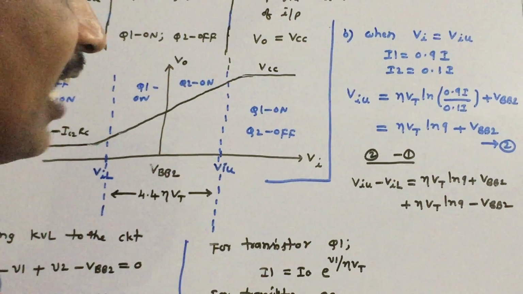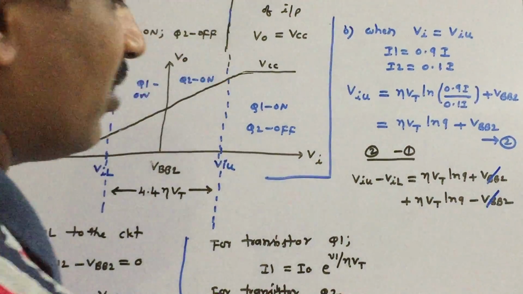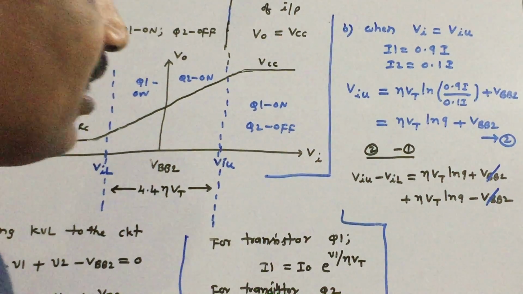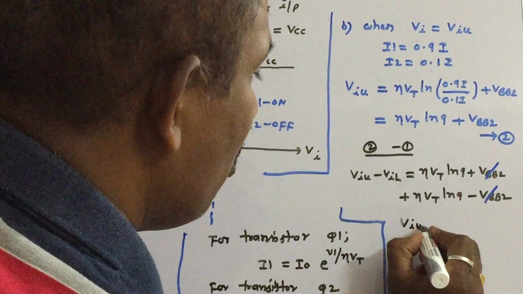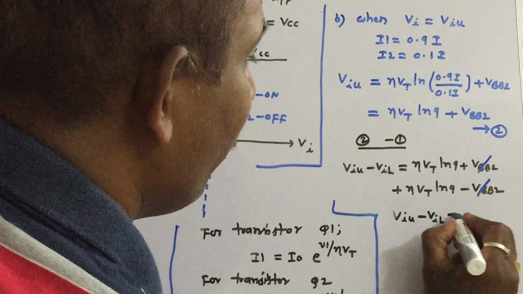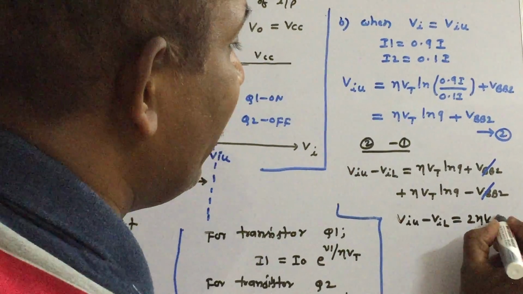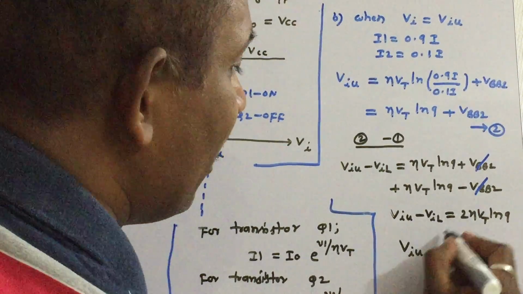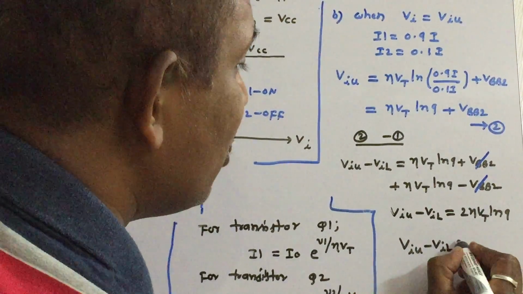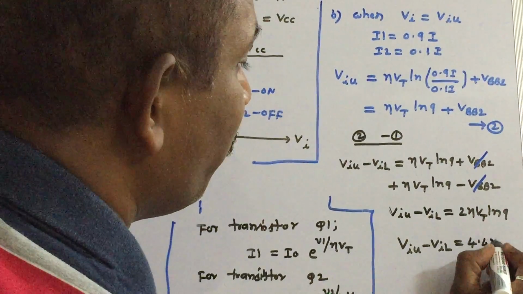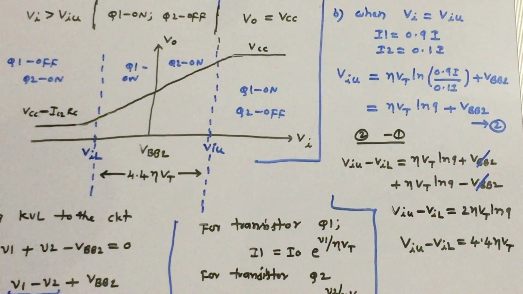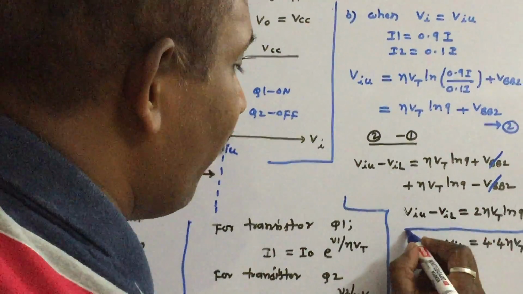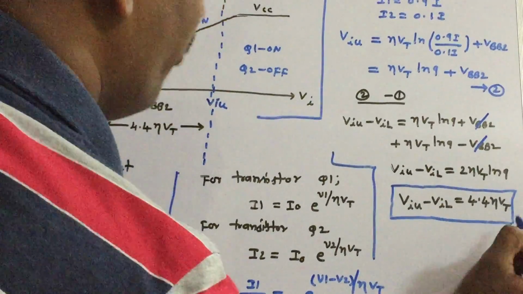These VBB2 terms cancel out. Therefore the difference between the upper limit and lower limit of input voltage will come out as 2 eta Vt log 9. If you substitute log 9 from the calculator and multiply with 2, you get 4.4 into eta into Vt. That is why we have shown in the graph the difference between the upper level and the lower level is 4.4 eta Vt, hence proved.